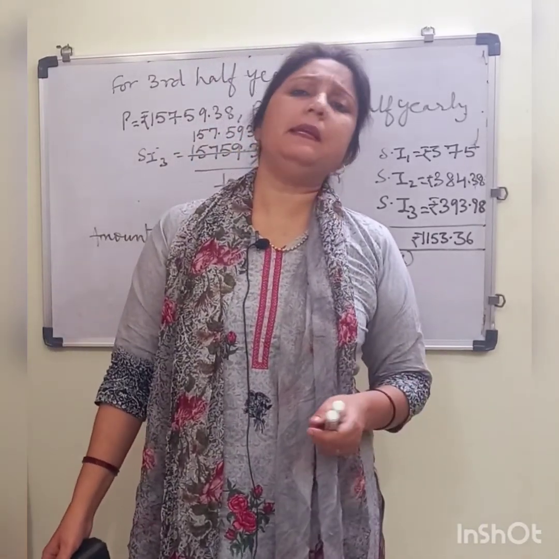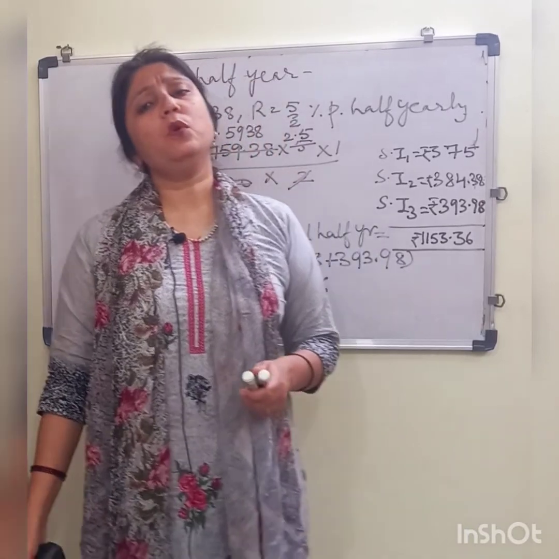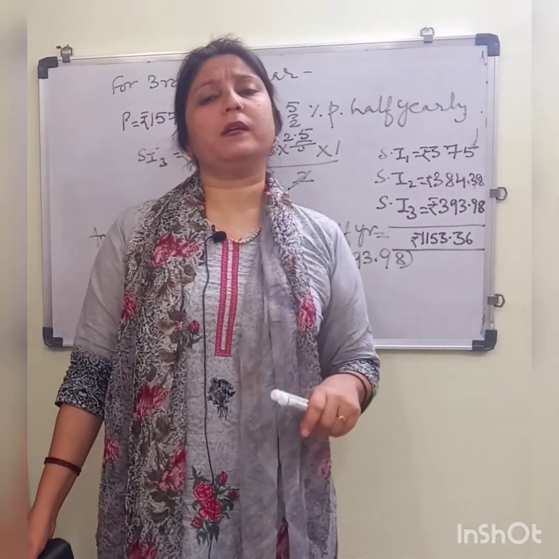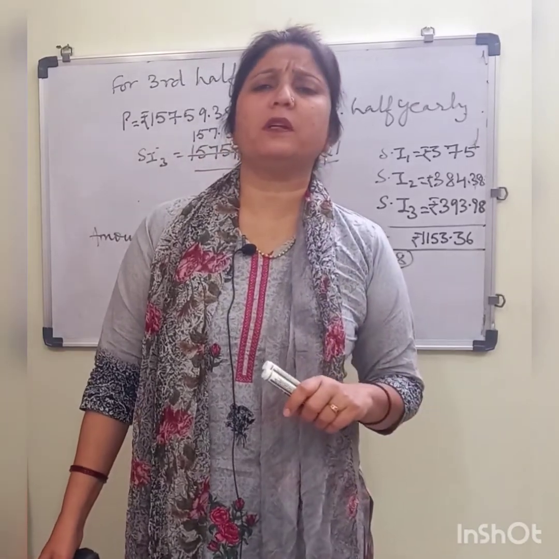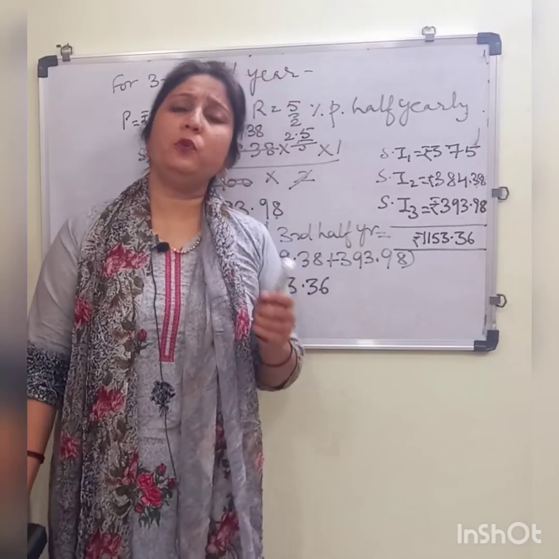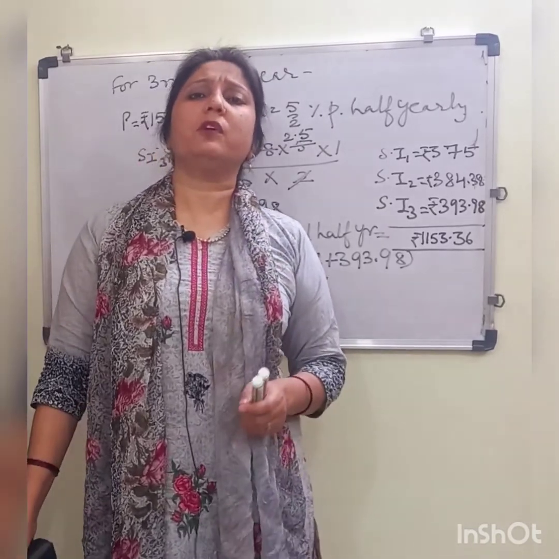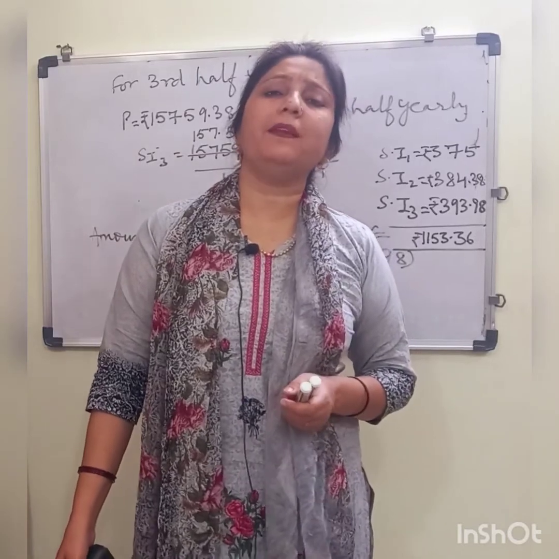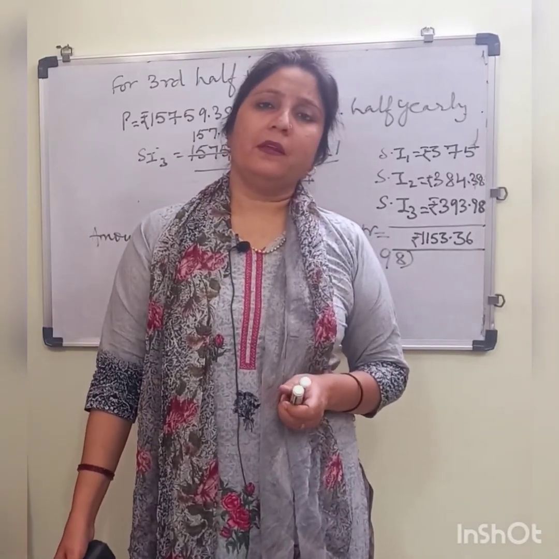So you can easily convert time into quarters. Like in 1 year you have 4 quarters, 1.5 years you have 6 quarters. I hope you are clear with the concept of compound interest using the formula of simple interest.